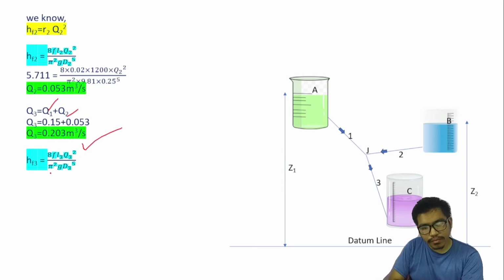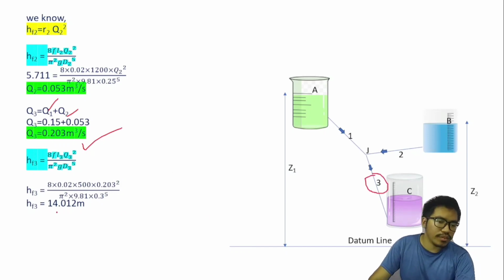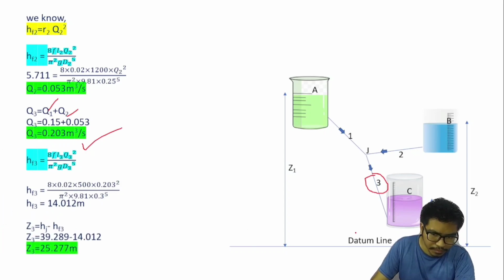And again, using this formula, all the values on the right hand side are given, so the value of the left hand side, head loss in pipe 3, is calculated as 14.012 meter. And finally, we have calculated total head at junction J, and we know the head loss in pipe 3.